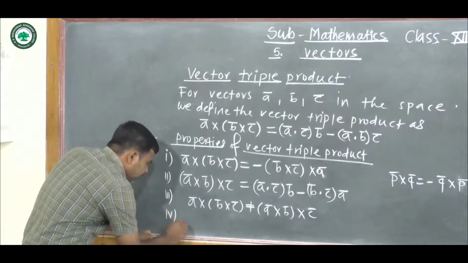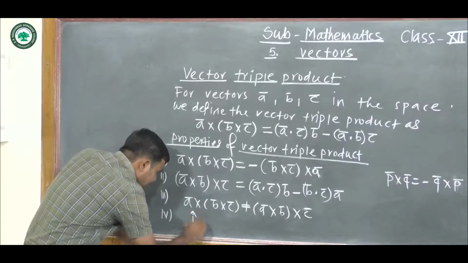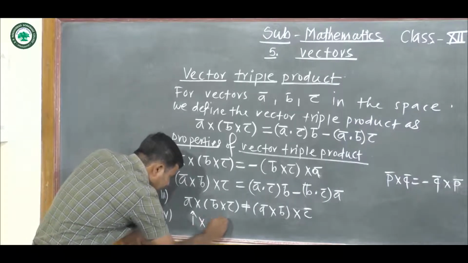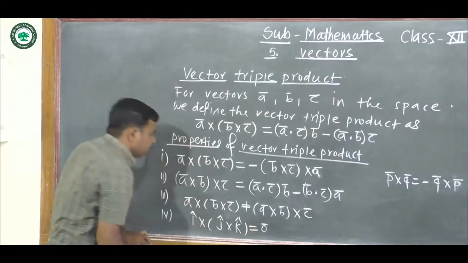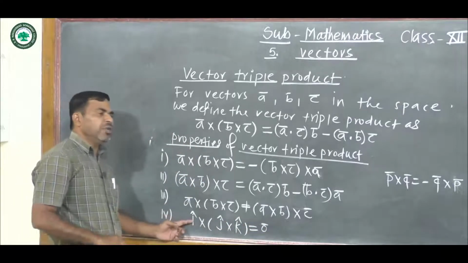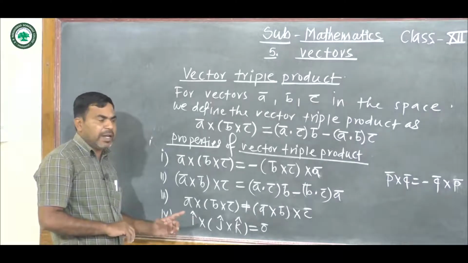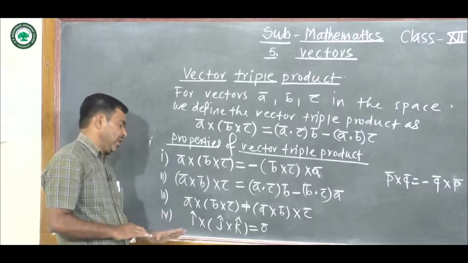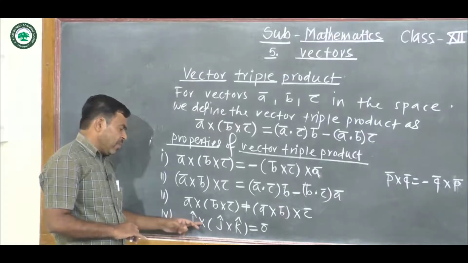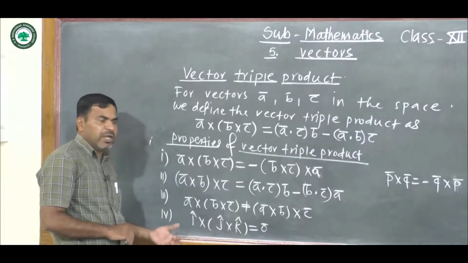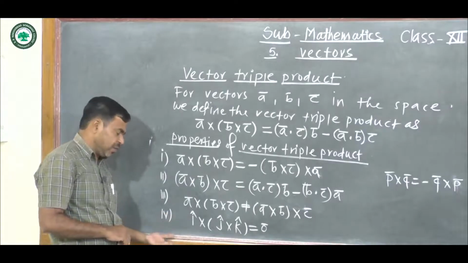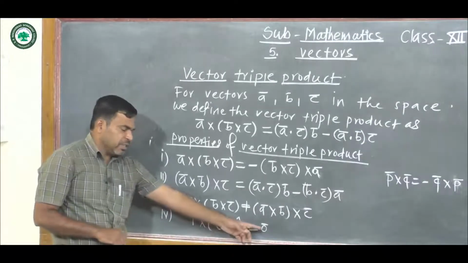Fourth property, I cap cross J cap cross K cap is equal to zero vector, where I, J, K are unit vectors along the coordinate axes X, Y, Z respectively. So their vector triple product is zero vector.